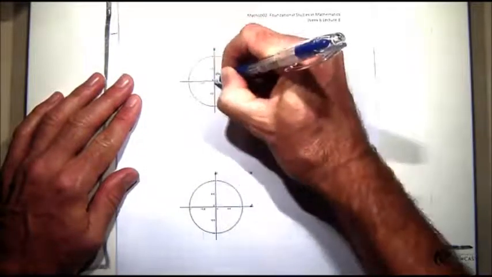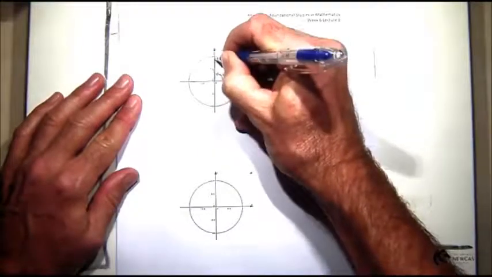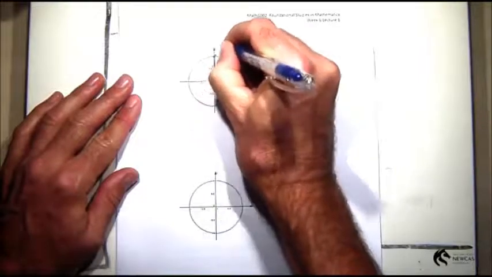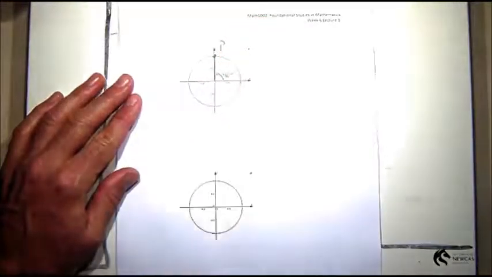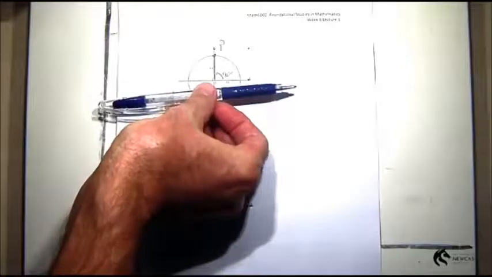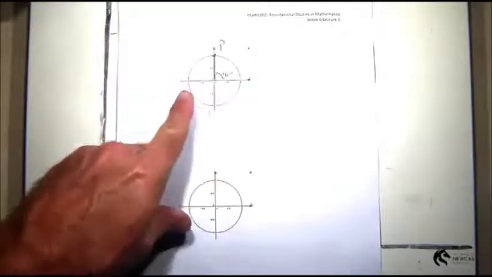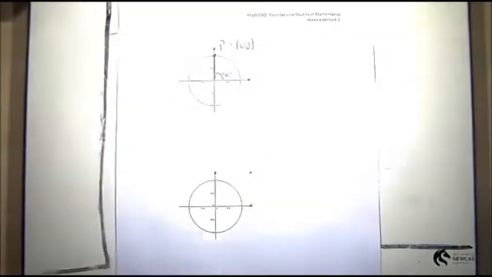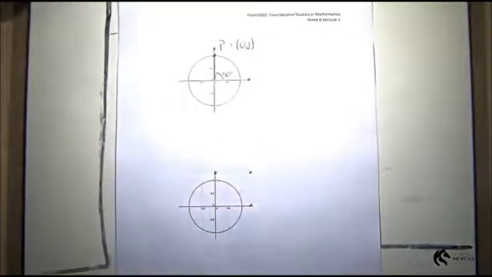So here's my radius, sitting there, and my point P now sits up there. There's the point on the circle that makes, or well, the radius to that point makes an angle of 90 degrees with the positive x-axis. The coordinates of that I can read straight off. It is 0, 1. And so now I know the sine and cos of that angle.